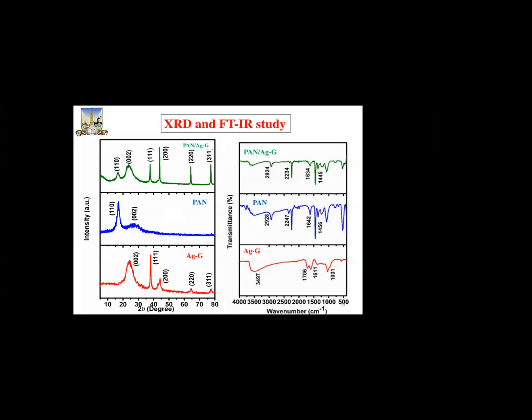It suggests the formation of PAN AGG silver graphite nanofiber. If we look into this particular FTIR, the presence and combination of the functional groups shows the formation of PAN AGG nanofibers.